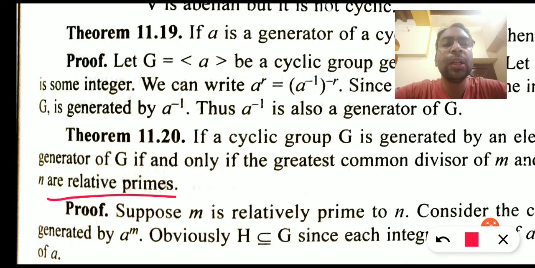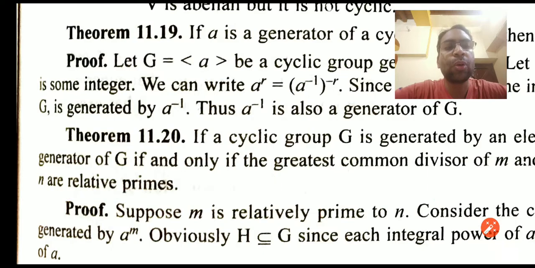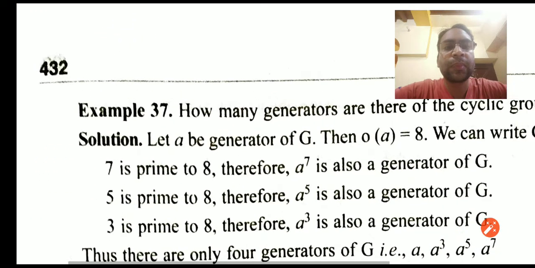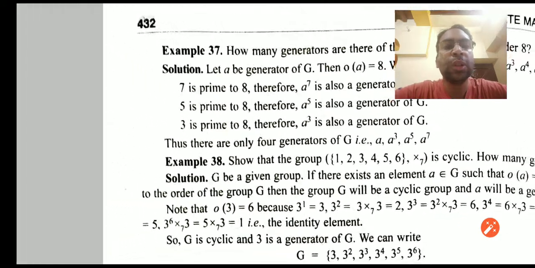For example, 3 and 5, or 5 and 11, again relative primes. So if an element a to the power 5 is a generator, then another element a to the power 11 can also be a generator of the cyclic group. So these are the properties of the cyclic group. You can go through all other examples also.